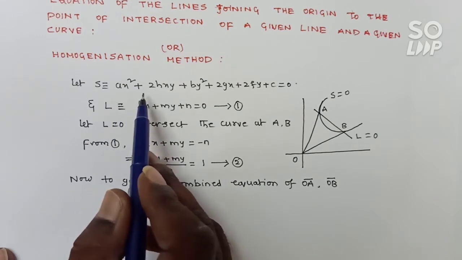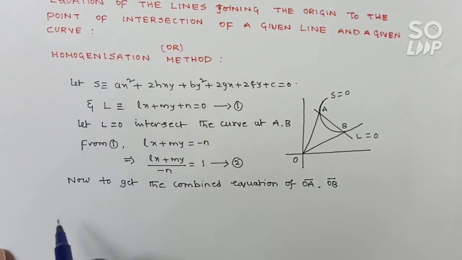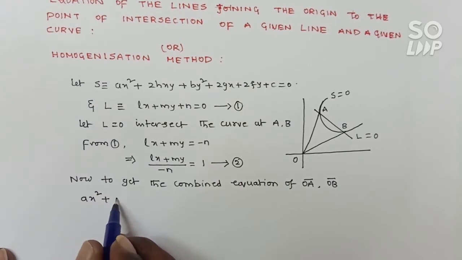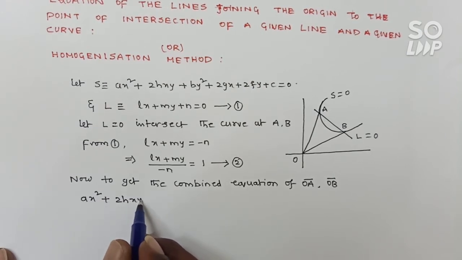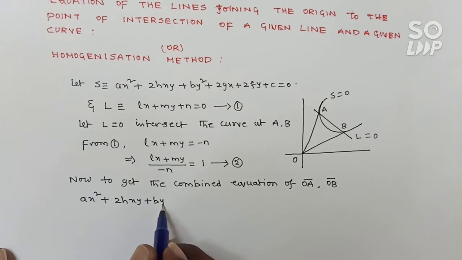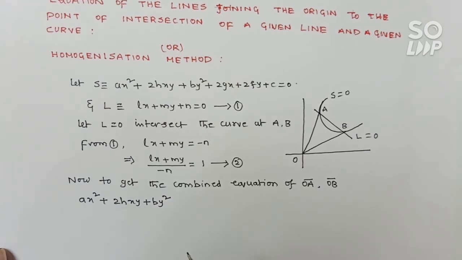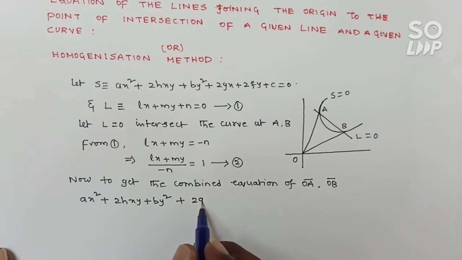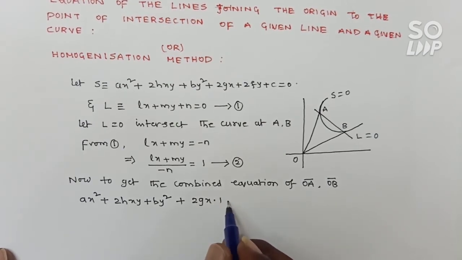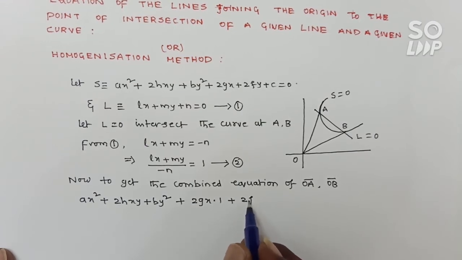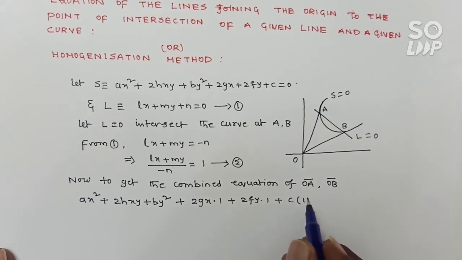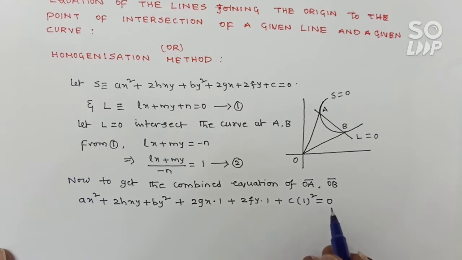There is no change in the second degree terms of the given curve, so you write as it is ax² + 2hxy + by². There is no change up to the second degree terms. Plus, for the first degree terms, you write 2gx into 1, plus 2fy into 1, plus c into 1 whole squared, equals 0.